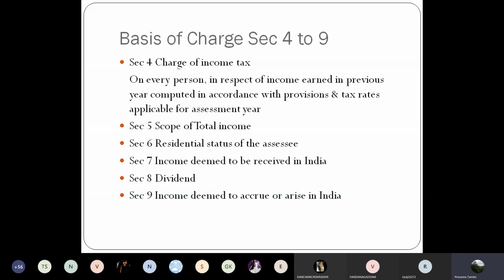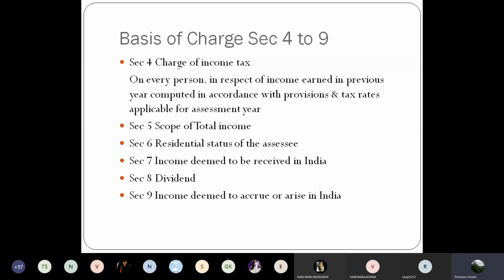Which income is captured here? Income that belonged to the previous year, income which was earned in the previous year. How do you compute the income? By applying the provisions of the governing assessment year, the corresponding assessment year. And how do you compute the tax liability of the person?